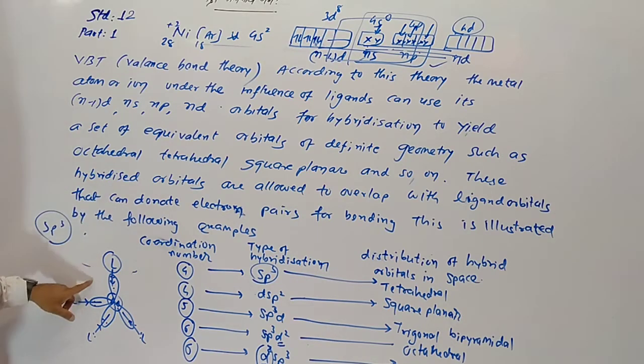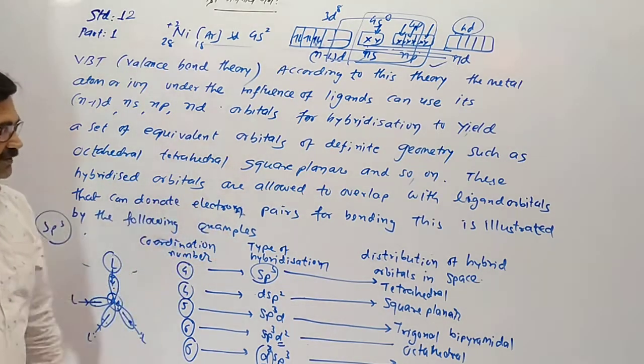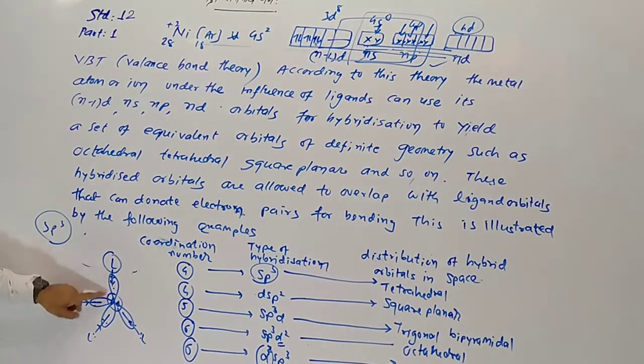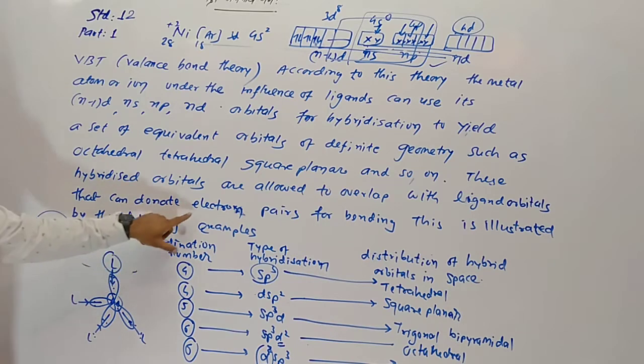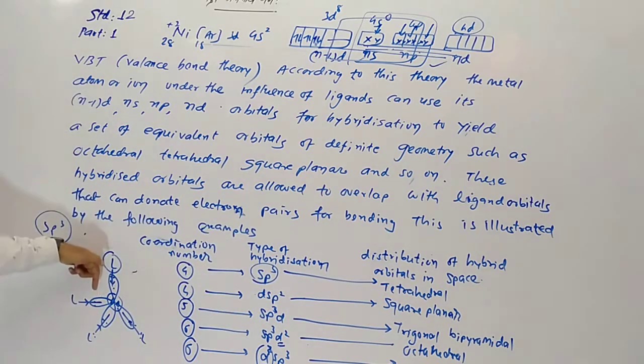These hybridized orbitals are allowed to overlap with the ligand. Yes, the empty orbital of the metal and the filled orbital of the ligand overlap, and one lone pair donates electron pair to the empty orbital for bonding. This is illustrated by the following examples.